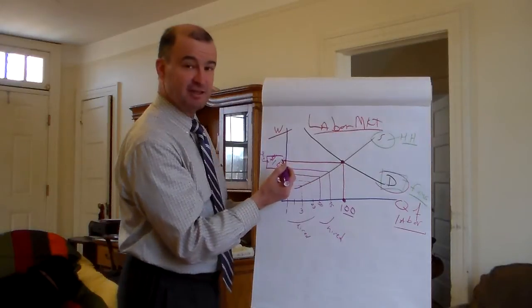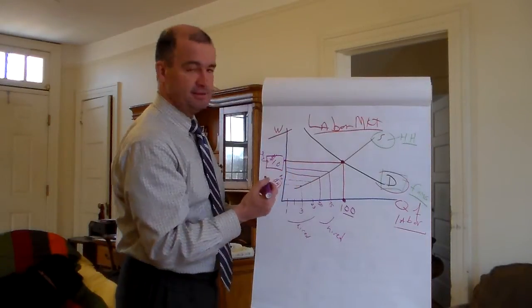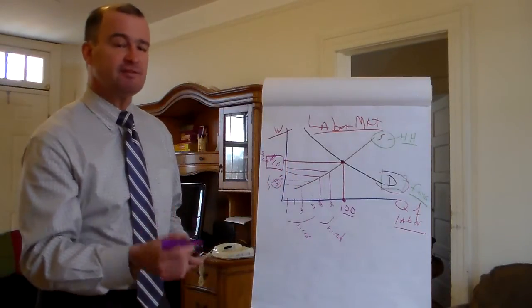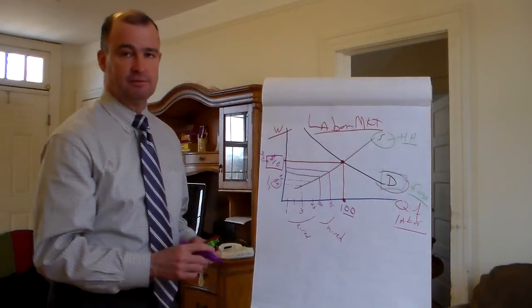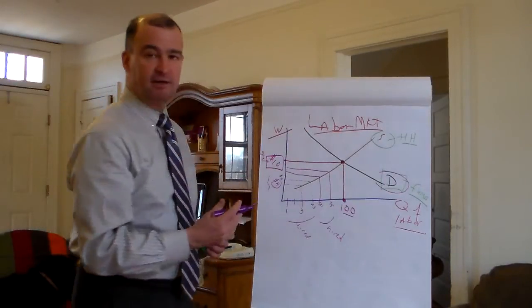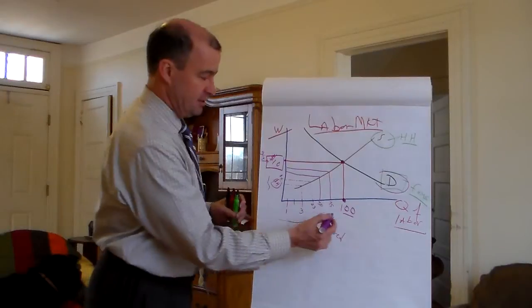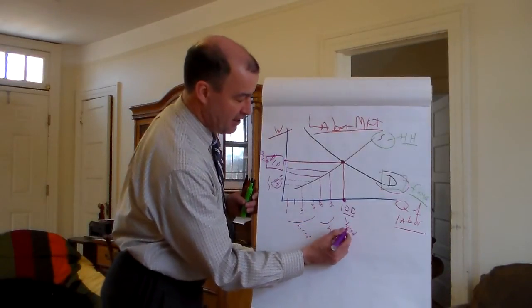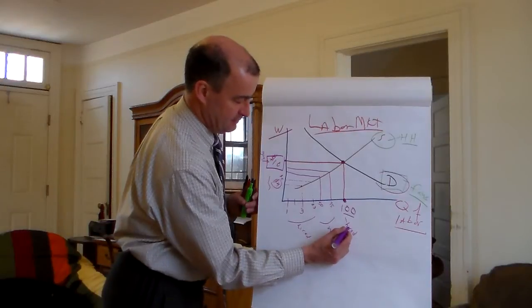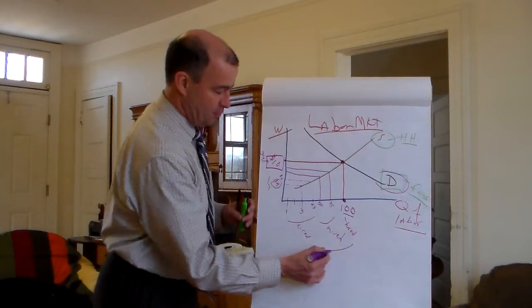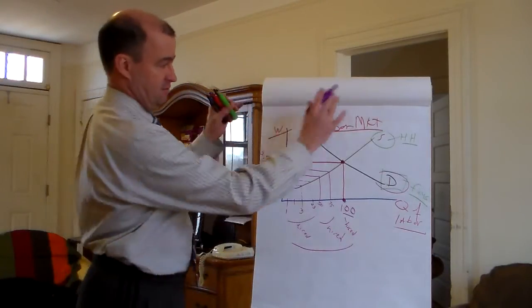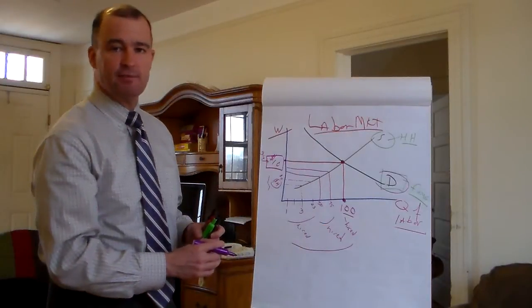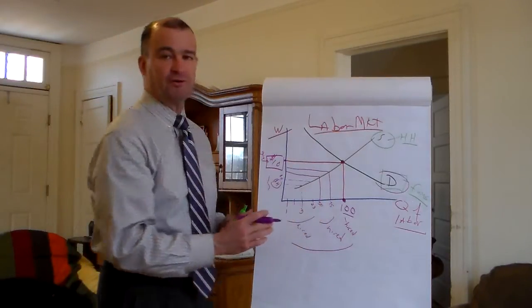Straight over to the left, $10. $10 is enough to get him out the door. What does the market bear? $10. So he's hired. He's hired too. How many workers are hired in this pretend labor market? 100 workers.